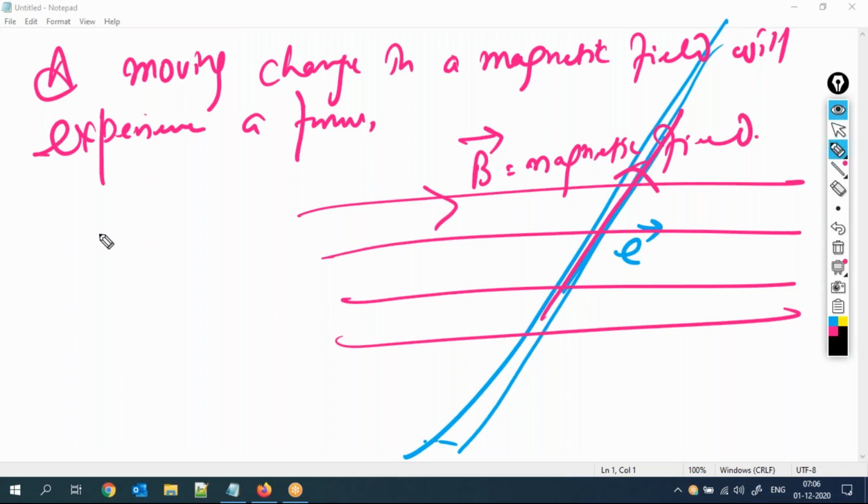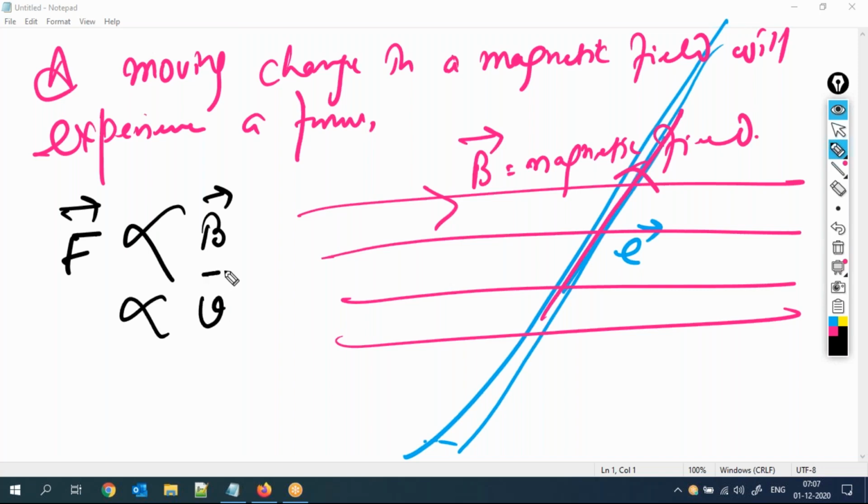That force will be proportional to magnetic field, right? Yes, sir. That force will be proportional to how much velocity the charge has. So this is V. Okay, do you understand?